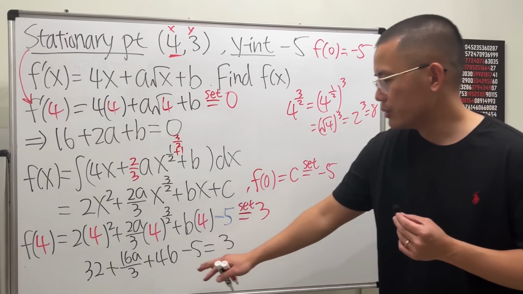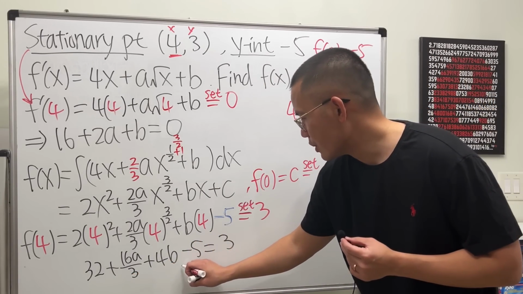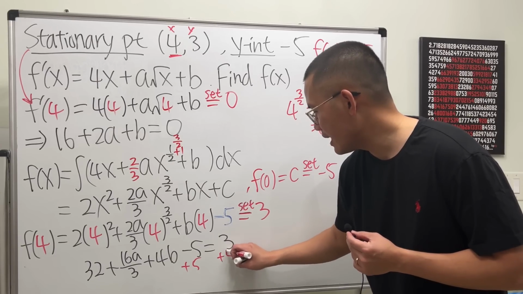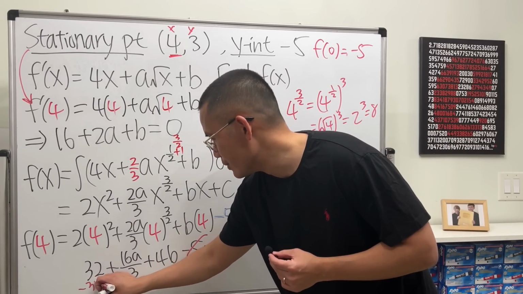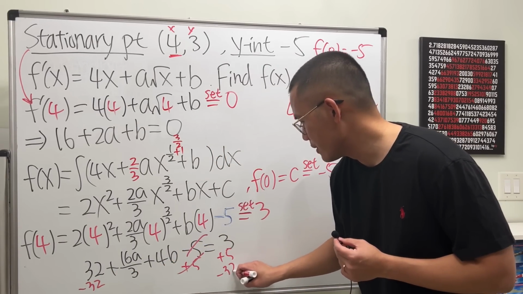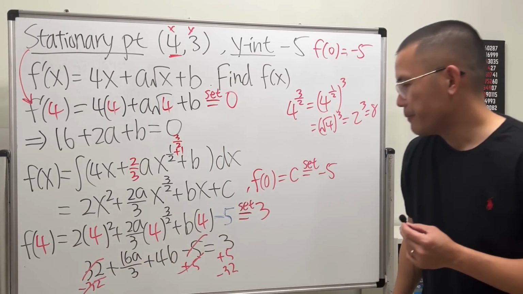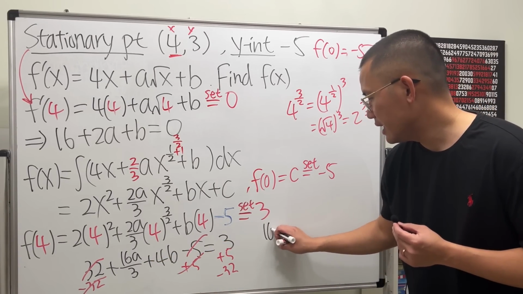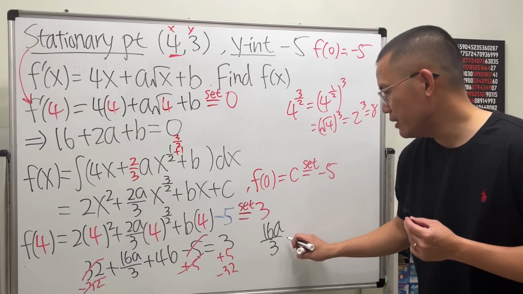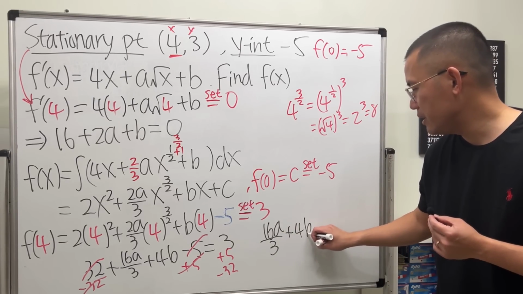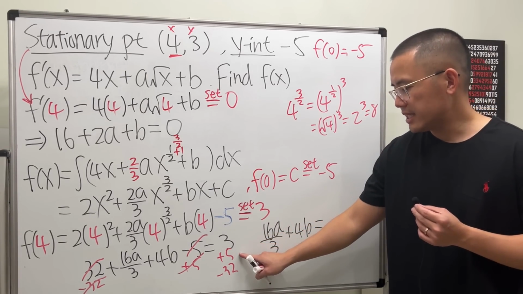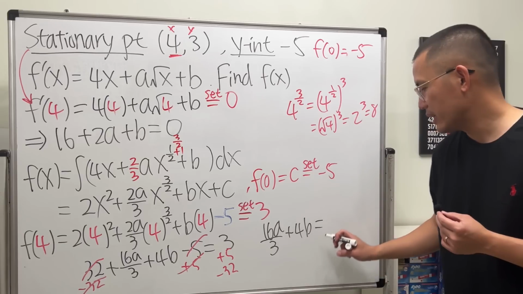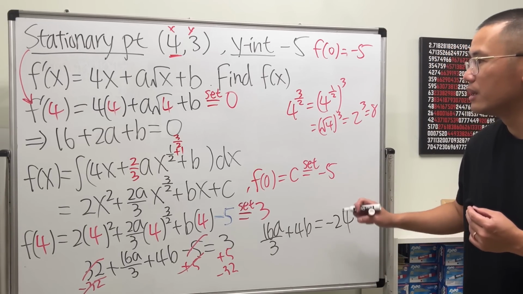And I'm just going to put the numbers to the other side. So add 5, and then minus 32. So cancel this. And then we will get 16a over 3 plus 4b equals, that's 8 minus 32. We will get -24.